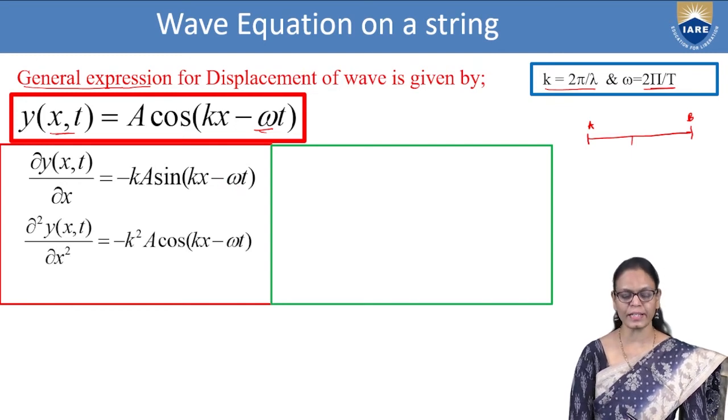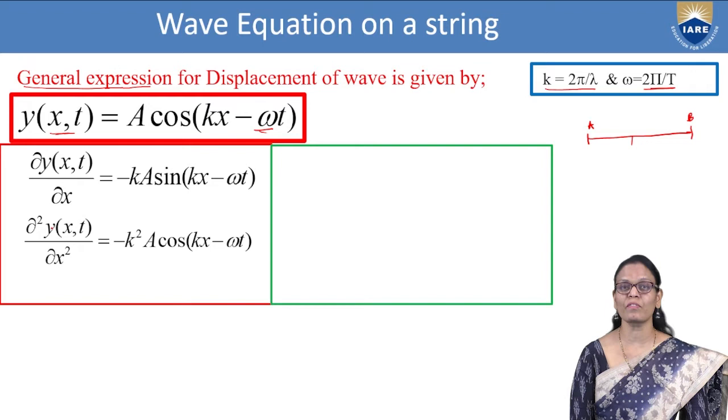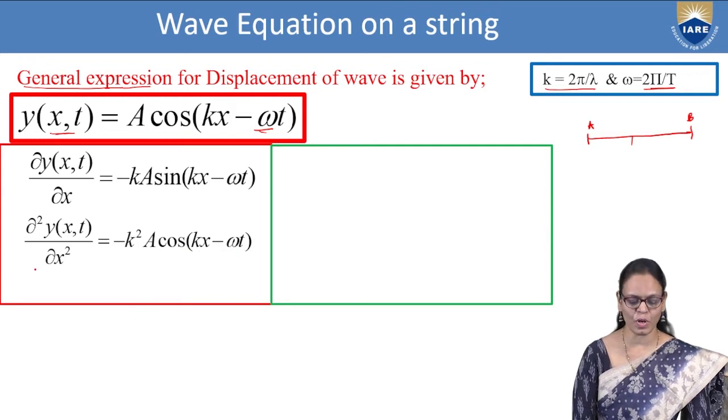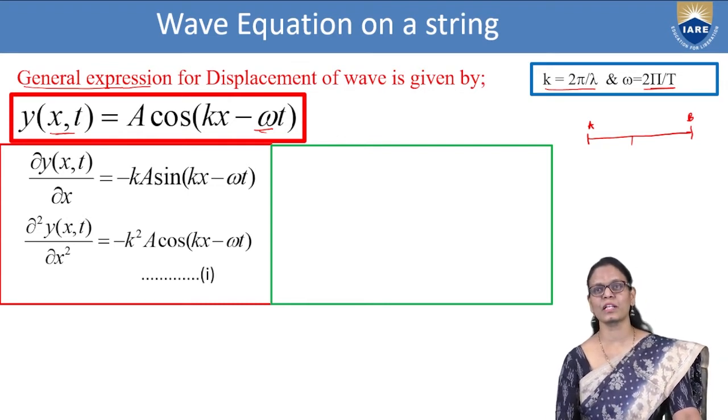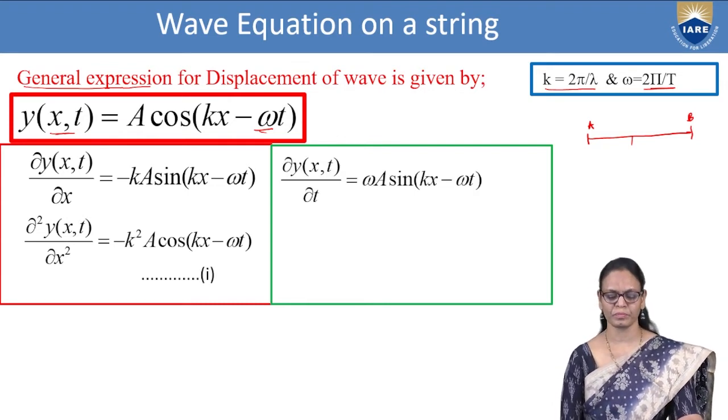Then take the second derivative: dou square y by dou x square will be minus k square a cos(kx minus omega t). This is what we have done for x, differentiating with respect to x and keeping time constant. Now let us take the derivative with respect to t.